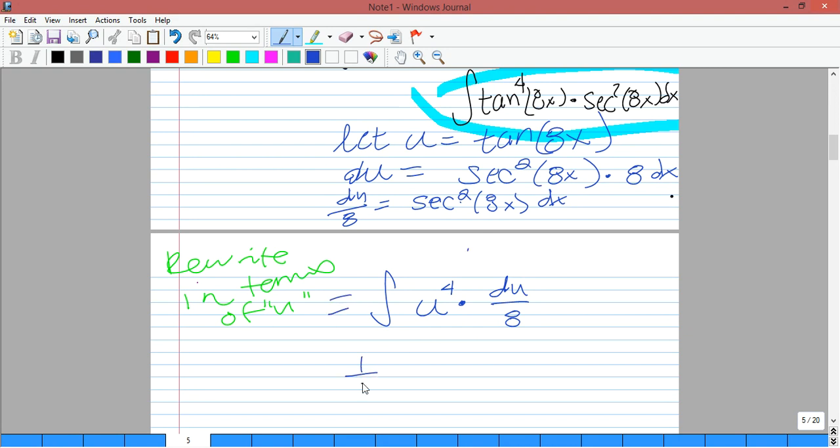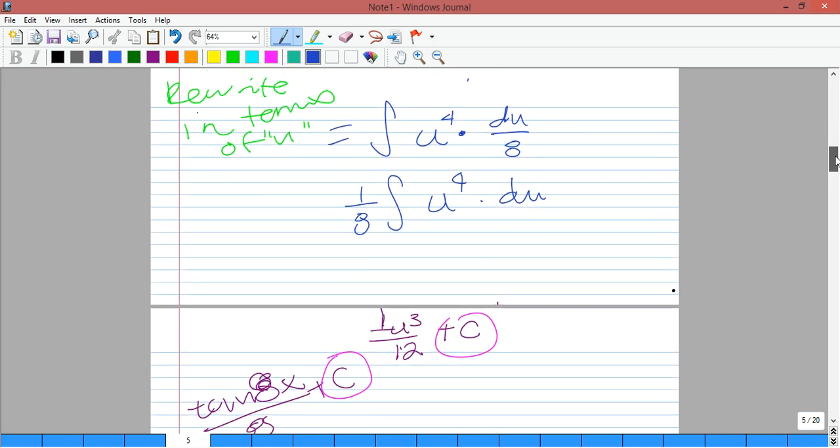So all we do is take out the constant, rewrite the integral symbol, okay, and then we have this u to the 4th multiplied by the du. Then we can integrate since our derivative is present.